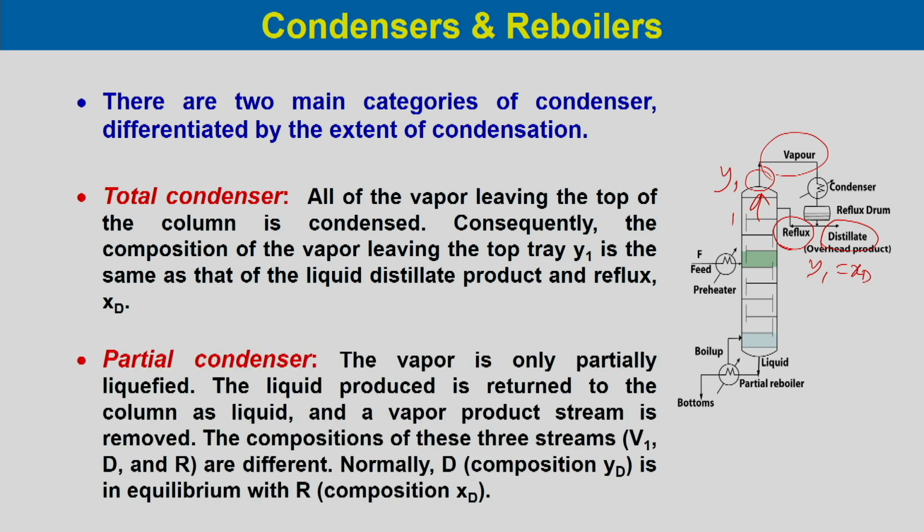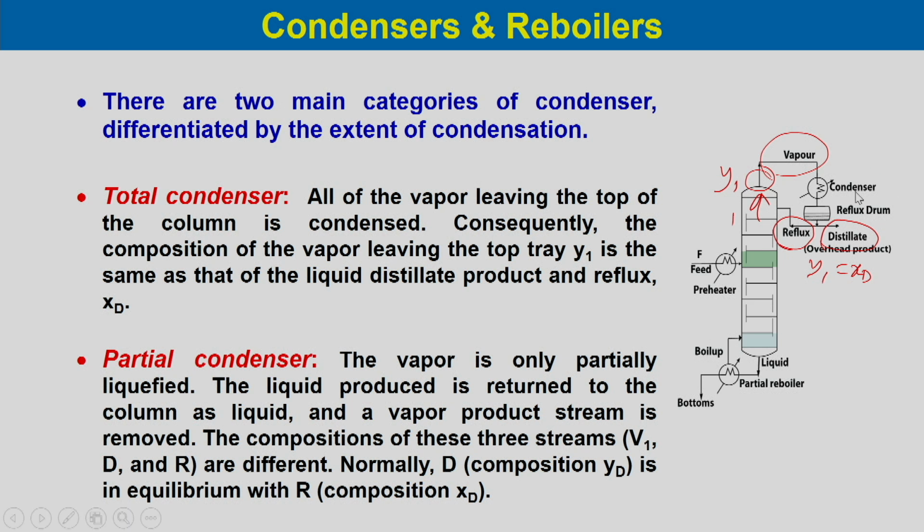The other kind of condenser which is used is the partial condenser. The vapor is only partially liquefied, the liquid produced is returned to the column as reflux, and a vapor product stream is removed. So, you take the vapor and partially condense it.